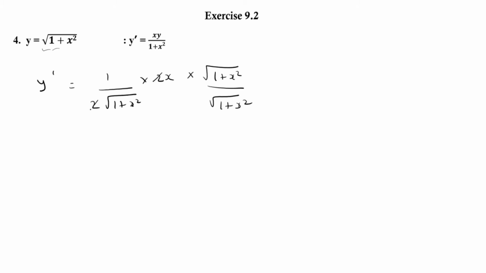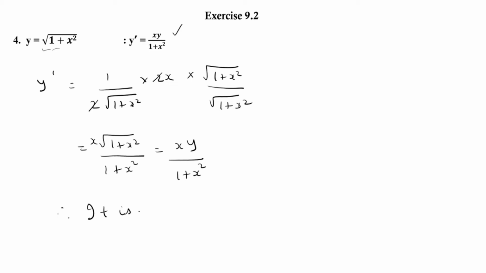This 2 and this 2 will go. So root of 1 plus x square is y. Here we have x root of 1 plus x square divided by 1 plus x square. This is equal to xy by 1 plus x square. So we have got the given differential equation. Therefore, it is a solution.